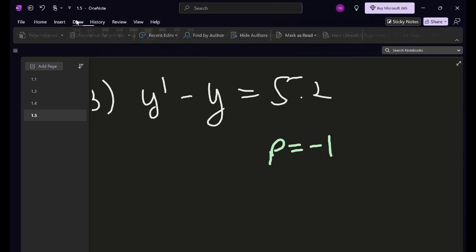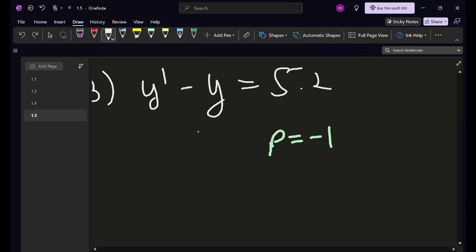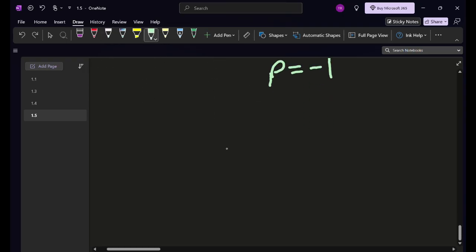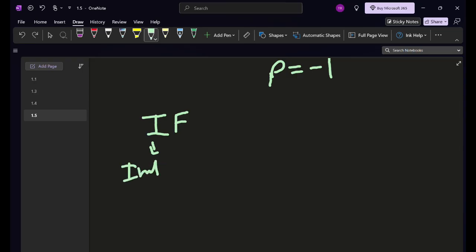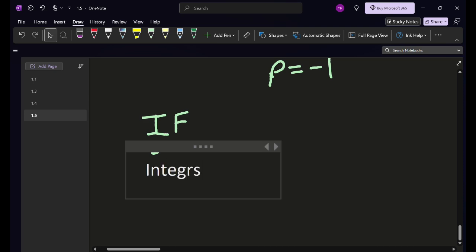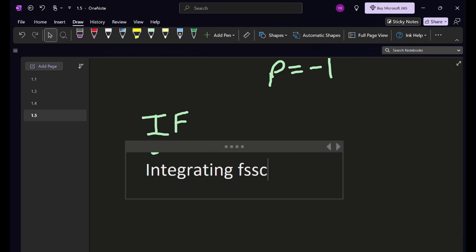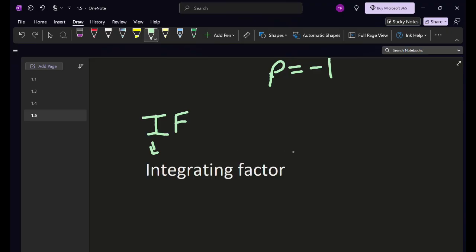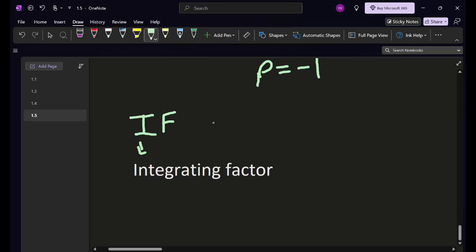Now we are going to proceed to find the IF, basically the integrating factor. Now we're going to find that one.